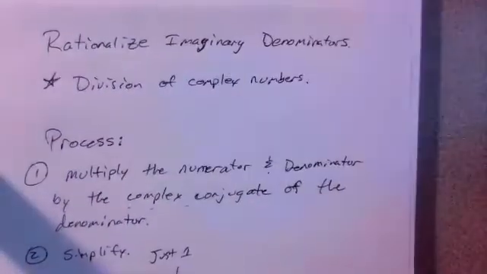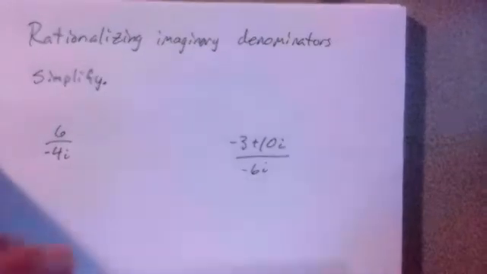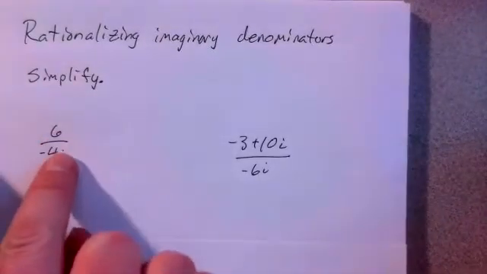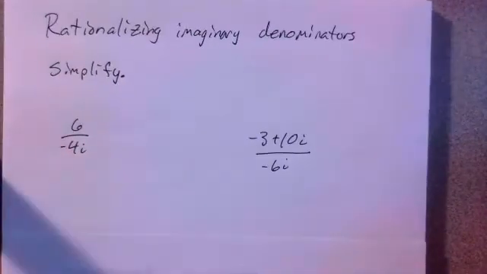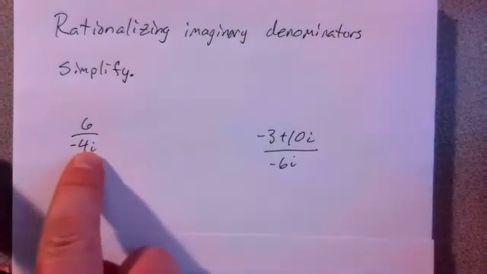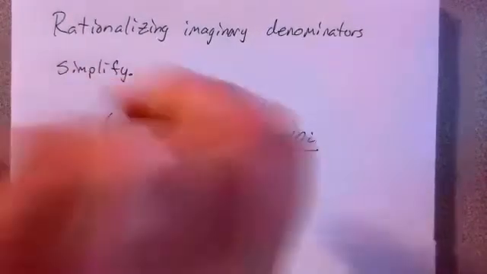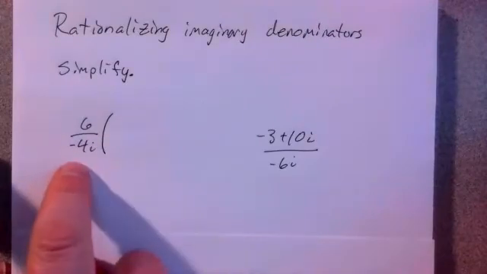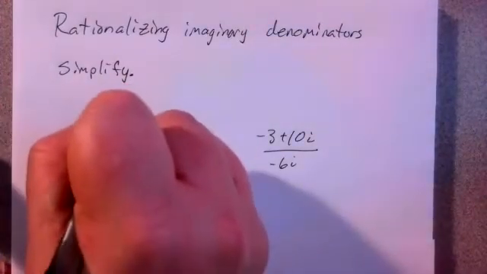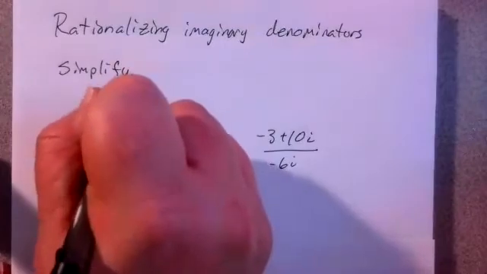Let's do a couple of examples that you're going to see in the homework. 6 over -4i. What is the complex conjugate for -4i? It's like saying 0 minus 4i, so the complex conjugate would just be a positive 4i.